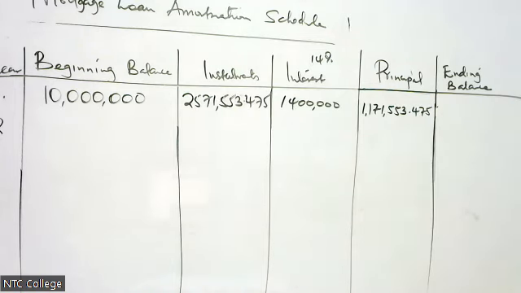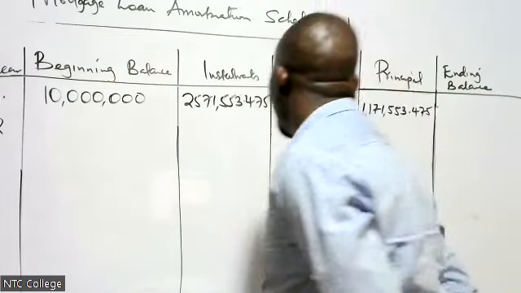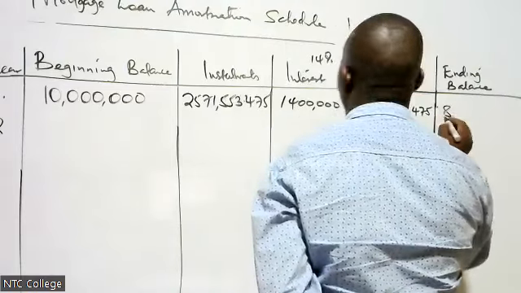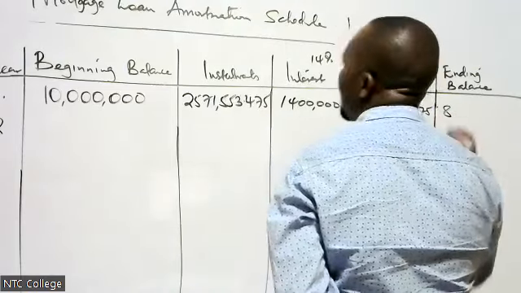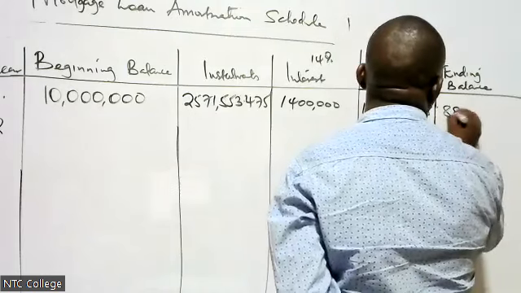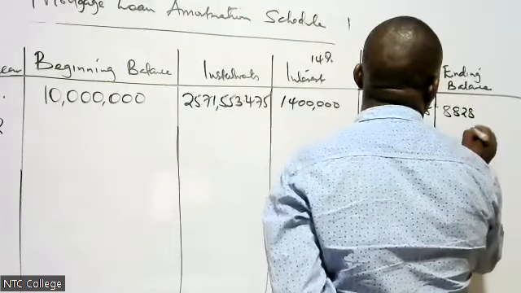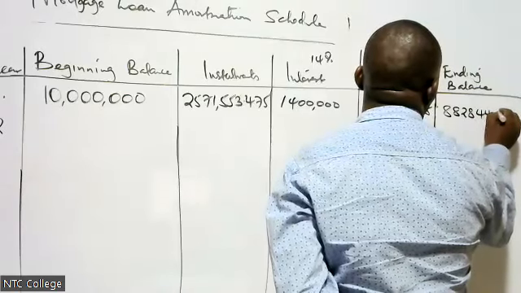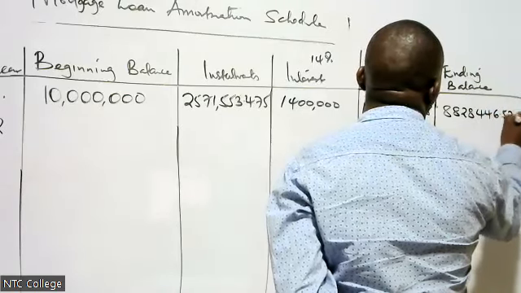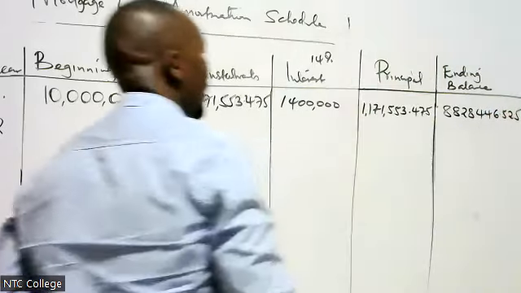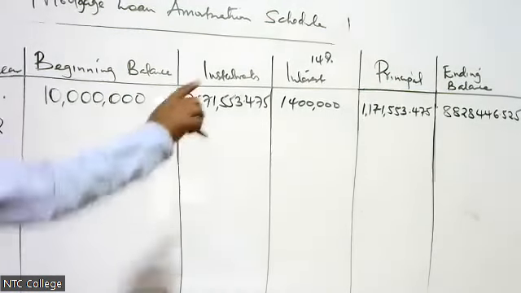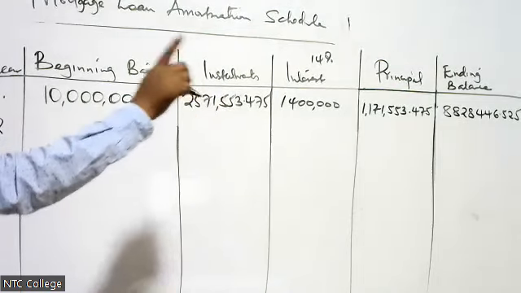We're almost done. 8 million. Soma. 88. 8828. 446.525. That is our new principal. That is the end. Hiyo ndio neno umebaki nayo at the end of year 1.